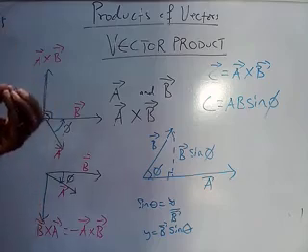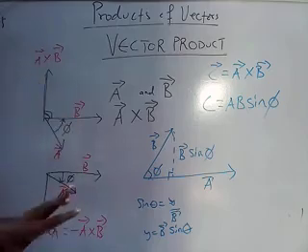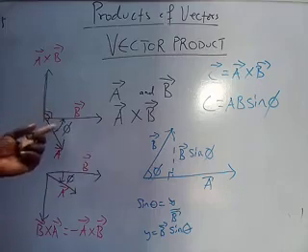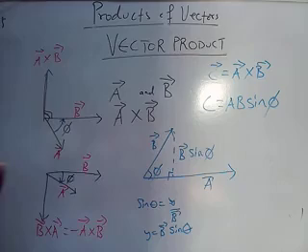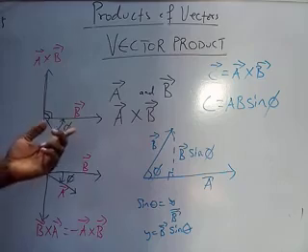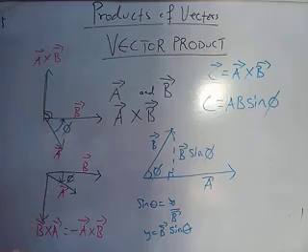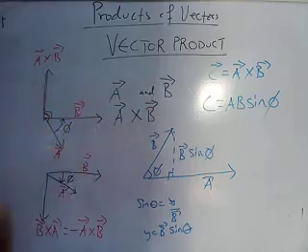And take it to be what? The smaller of the two possible angles. What are the possible angles? We have 90 degree, 90 degree, phi. Smaller of the two possible angles. So phi ranges from what? It ranges from 0 to 180. It becomes 0 when the two vectors are in the same direction, parallel in the same direction.